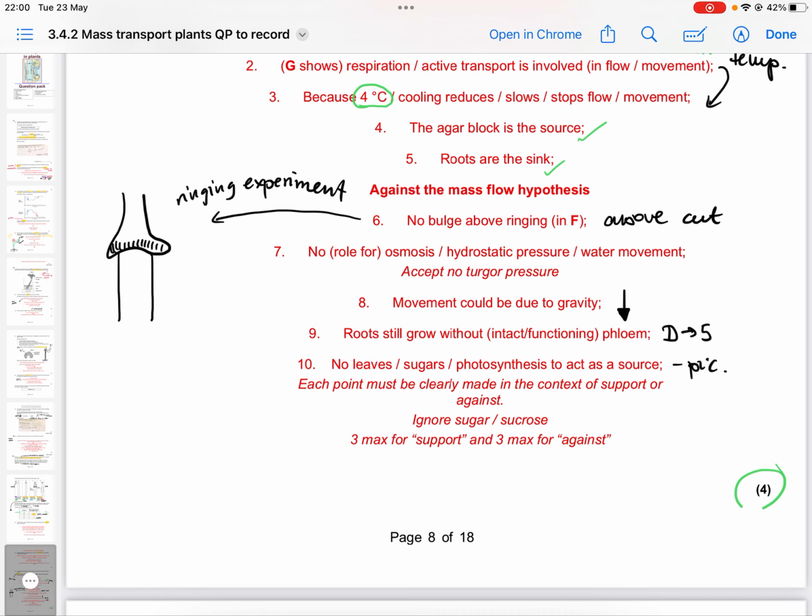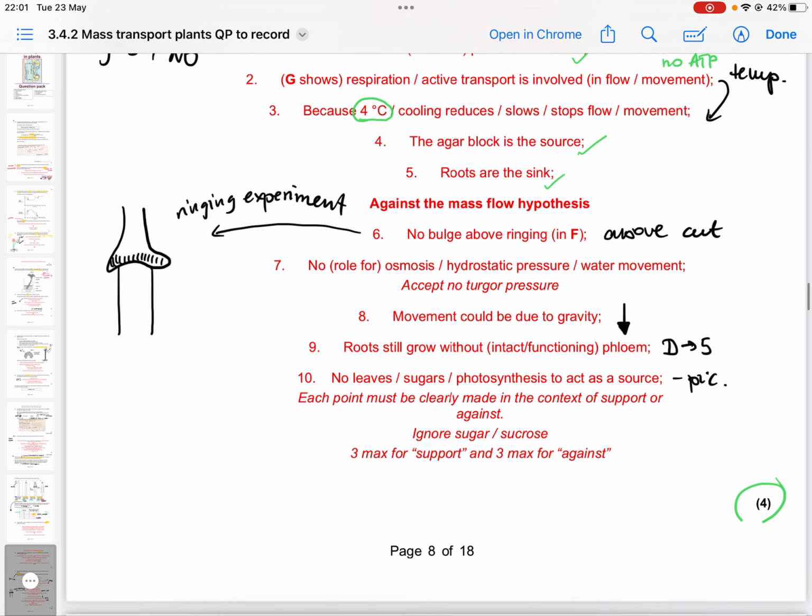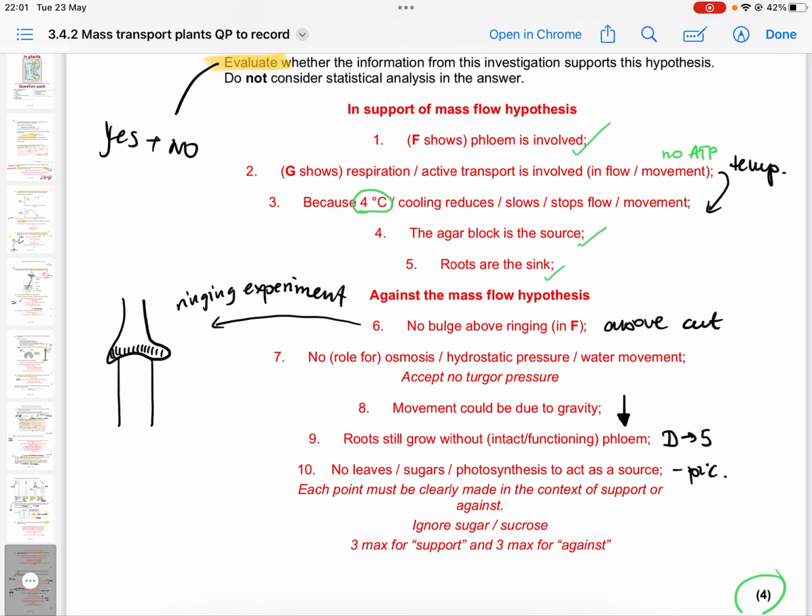No leaves have been shown here because this agar was acting as the source, and in a normal setup you will have leaves acting as the source. However, we did have roots, which were our sink. So that's most probably the challenging part of this question.